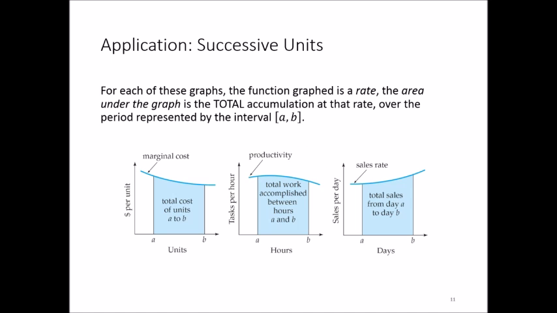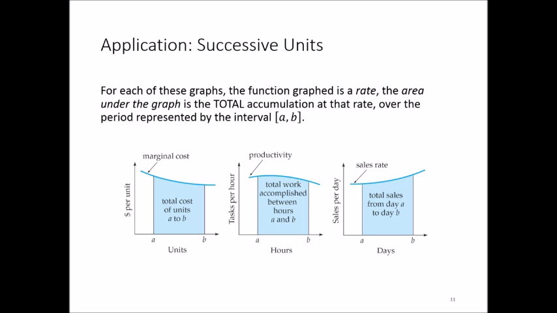Just to give you a little more economics grounding on times you might see it, anytime that you have a function that is a rate, the area under the function is going to be the total accumulation at that rate over the period represented by your interval from a to b.